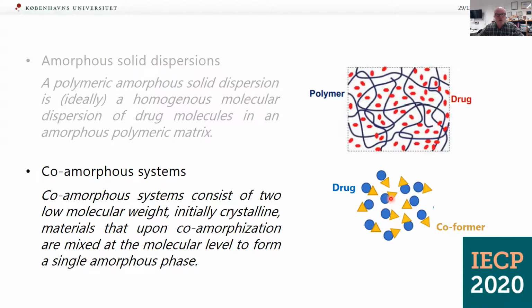So if there's no corresponding co-crystal for these systems, they could crystallize too, and that could lead to a higher amorphous stability compared to the drug alone in the amorphous form or the co-former alone in the amorphous form.